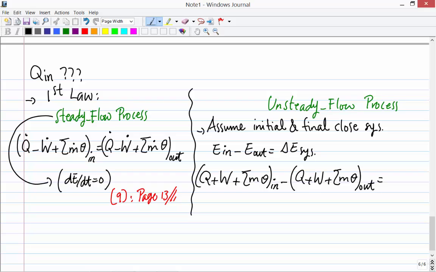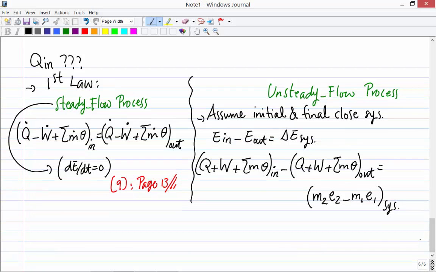And the change is in this form: m2 times e2, where little e is per mass and capital E is the absolute energy, minus m1 times e1 of my system. Great.